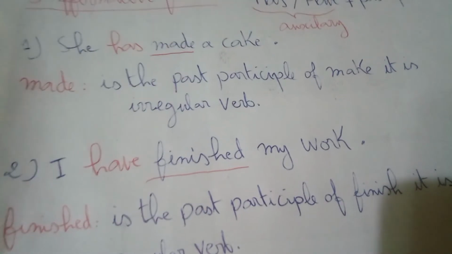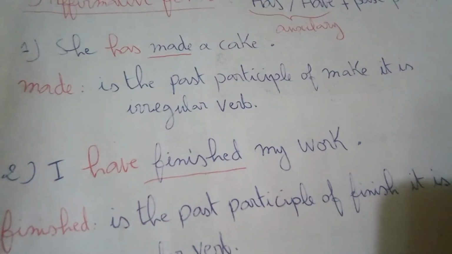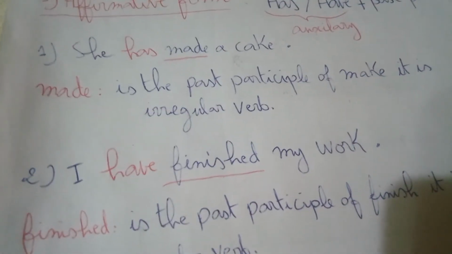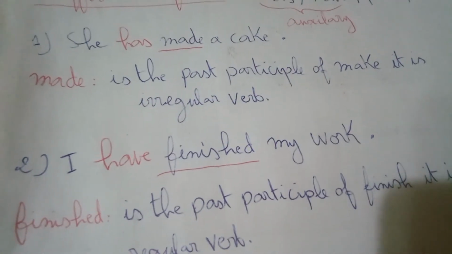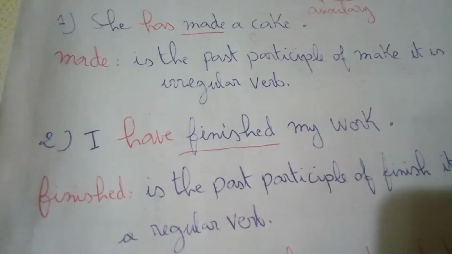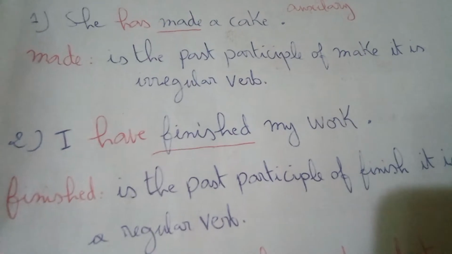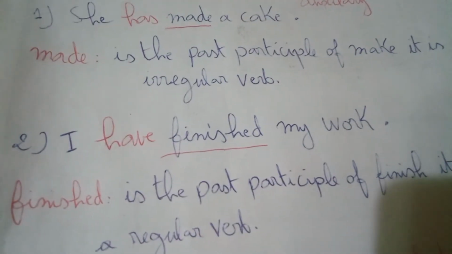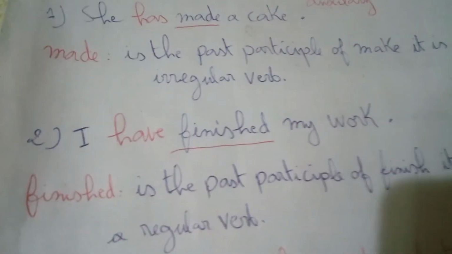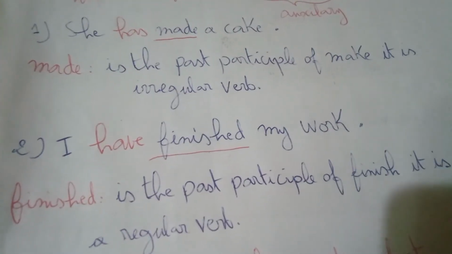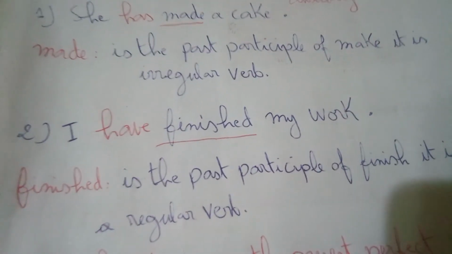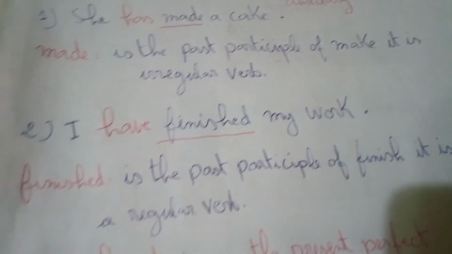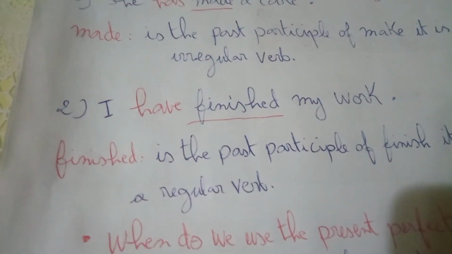We do not have ed. The verb changes. Speak, spoke is the past, and spoken is the past participle. For example, the verb to arrive: arrived, arrived. The past simple is arrived, and the past participle is arrived. So here the verb is a regular verb.